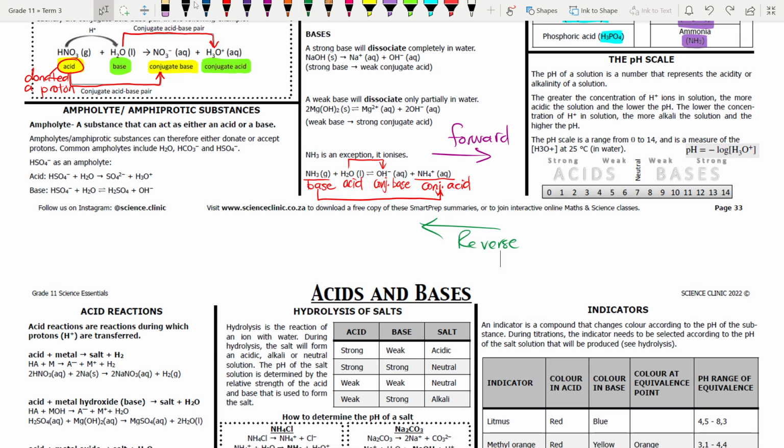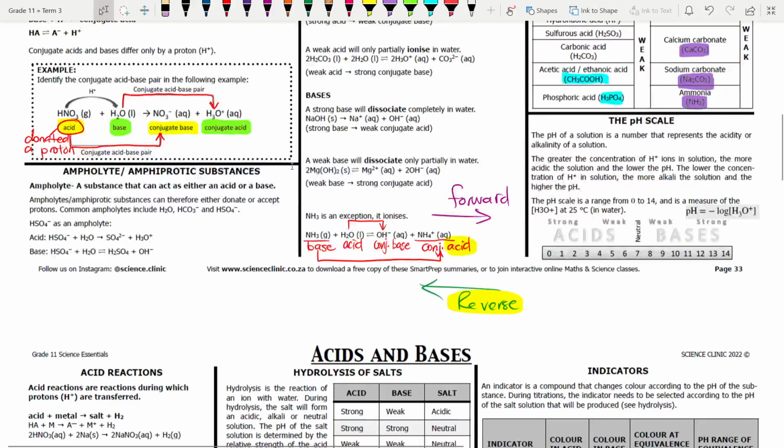That's why we call it a conjugate base, because in the reverse, it's going to accept a proton. Then if you look at the ammonium ion, it starts with NH4 plus. At the end of the day, it ends up as ammonia, NH3. So it's going to lose, or donate, a proton. That's why we call it a conjugate acid, because in the reverse direction, it is really an acid. Okay, that's important to realize.